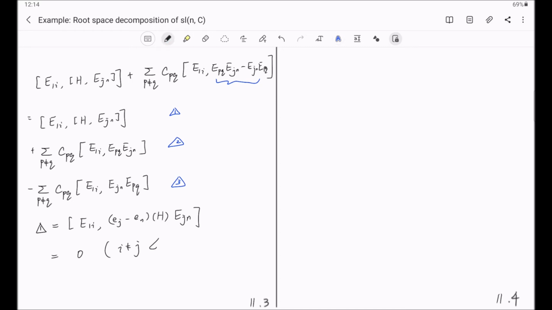On the other hand, because n is not equal to 1, E sub jn times E sub 1i is also equal to 0. So it follows that this Lie bracket is equal to 0.